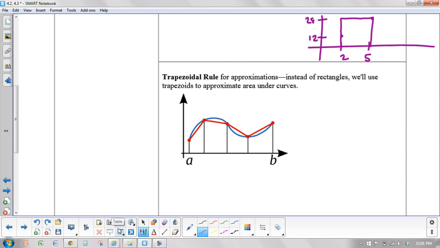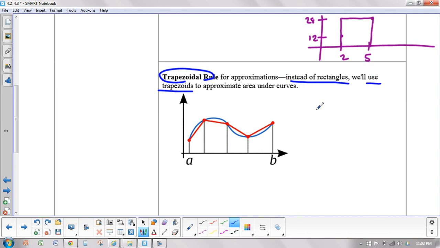Okay, the only one of our 6 that we have not done is trapezoidal rule. And so that's going to be, instead of making rectangles, you're going to use trapezoids. So you're going to draw trapezoids inside your shape.